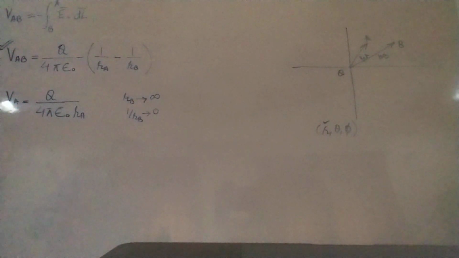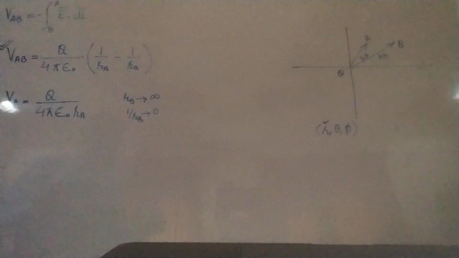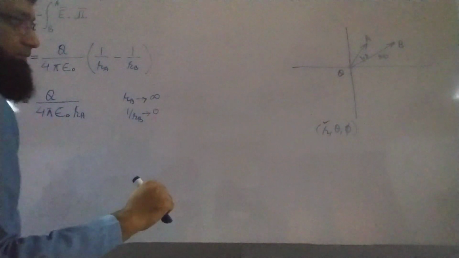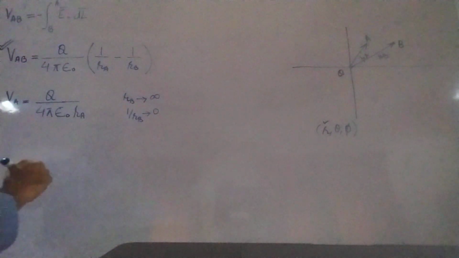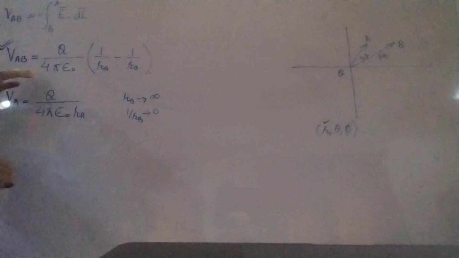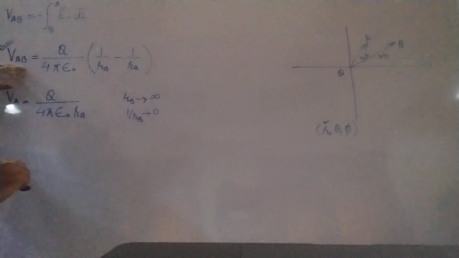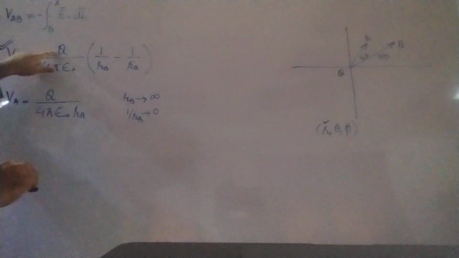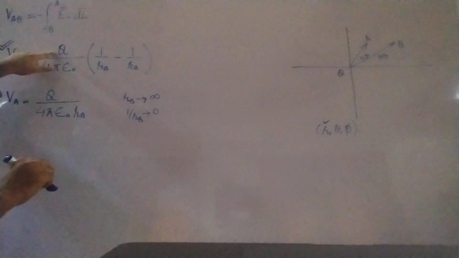Those spheres are centered at the origin as well, as the origin also contains the source charge Q. This is the formula for potential difference between 2 points A and B in the field of a point charge Q located at the center of this spherical coordinate system.